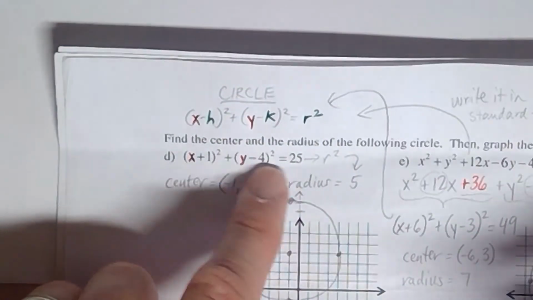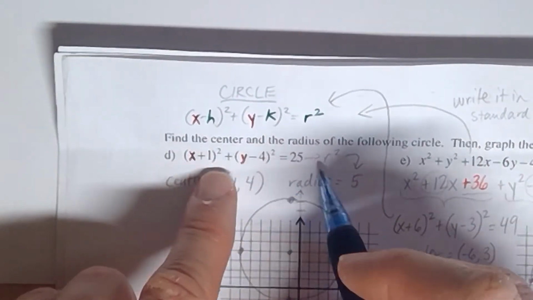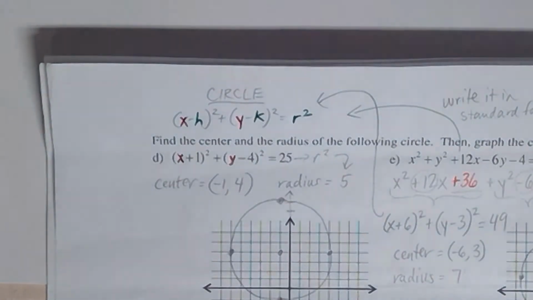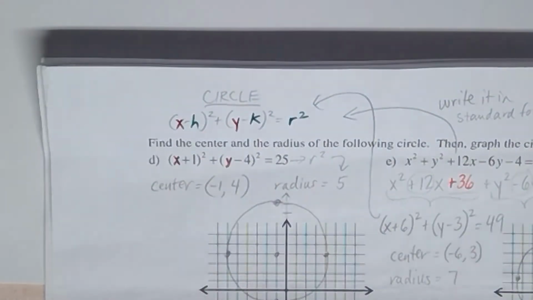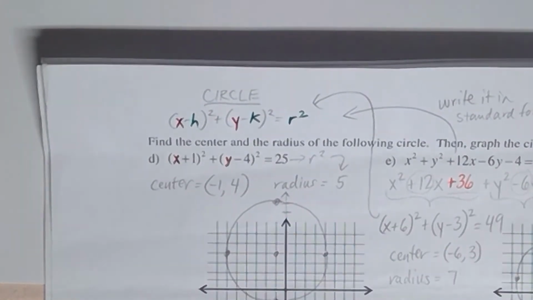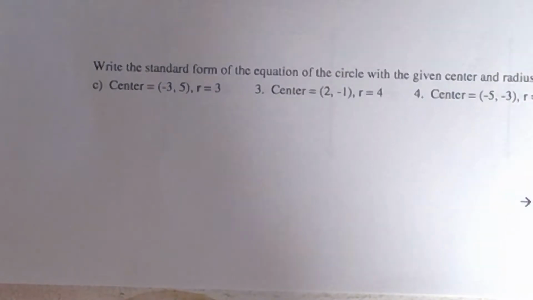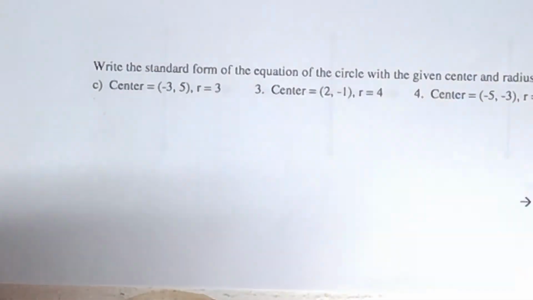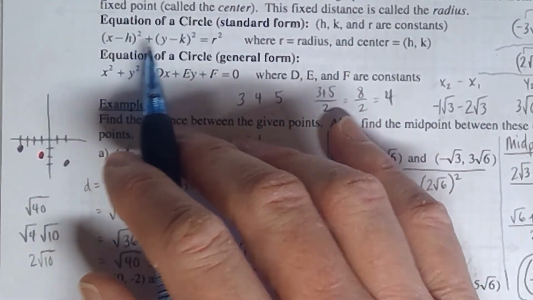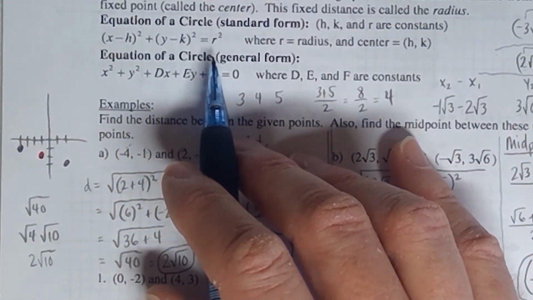When it looks like this, with the X and Y, and then the constant numbers in the appropriate place, with the brackets being squared and the plus in between, that is going to be a circle. All right, I'll get to how to do those problems coming up, but I wanted you to see that. And so that is what the circle formula looks like, at least one of the formulas.